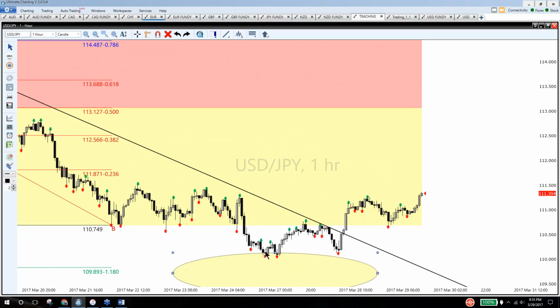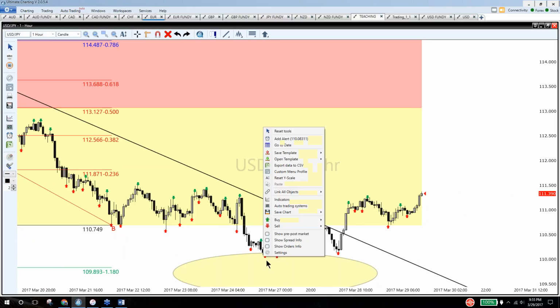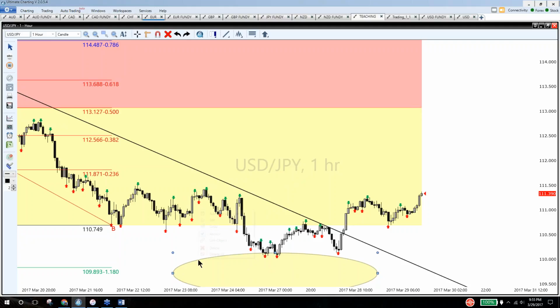I've got a low price. It's going to be impossible to select with that circle there. This is a low price of 110.12, and this is a low price of 110.11. So this is going to be the lower of the two. Sub up ABCDs. This is my current sub up AB boundary.